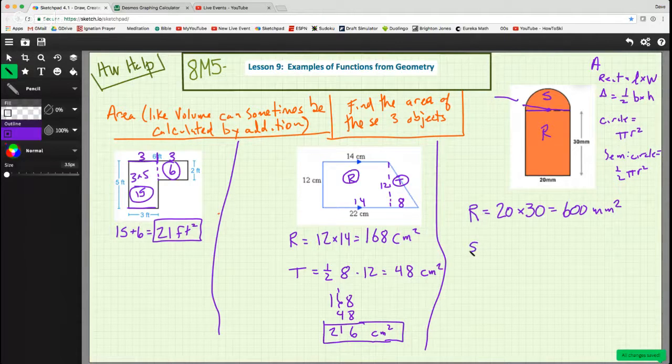Now the semicircle is 1/2 of pi times r squared. And now our r is what? If this whole thing is 20, our r, the radius of our circle, the distance from the center to the edge, is just 10. So we go 1/2 of pi, an irrational number, times 10 squared. 10 squared is 100.